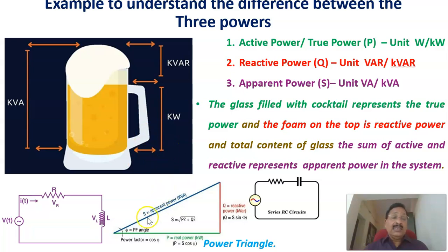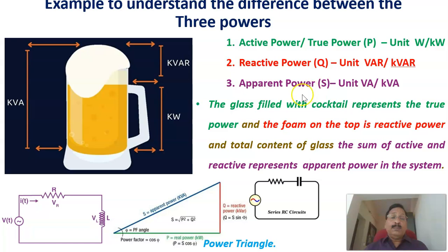In an actual case, if you compare this with an electrical RL circuit with an AC voltage source, this is the corresponding power triangle, in which this represents the active power, P, this represents the reactive power, Q, and the vectorial sum of these two represents the apparent power, S, the total power.